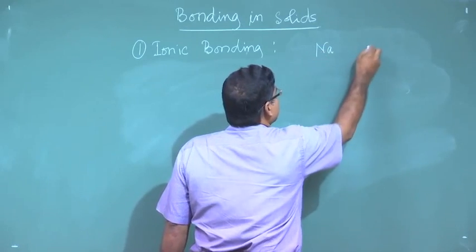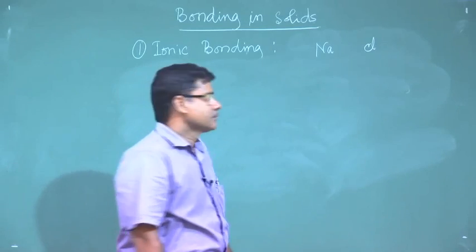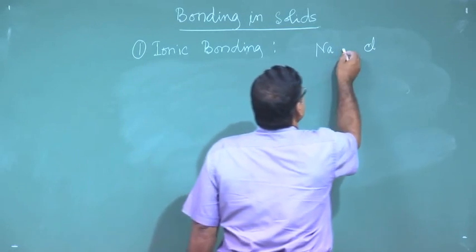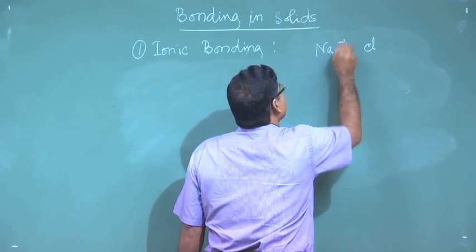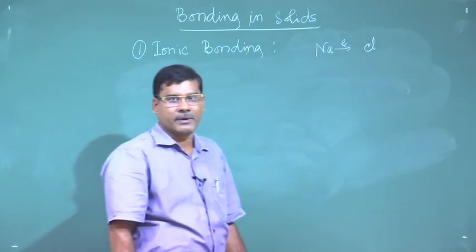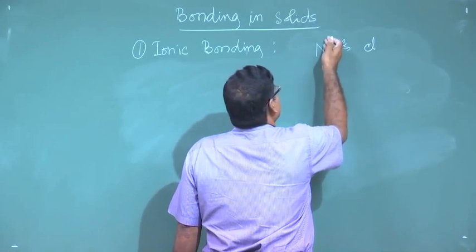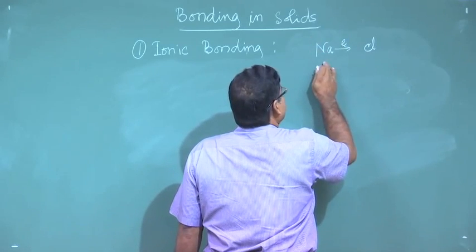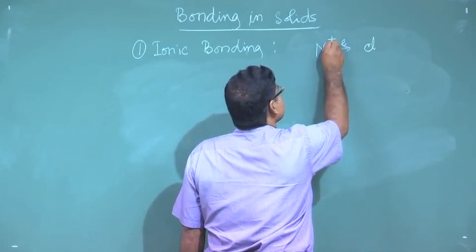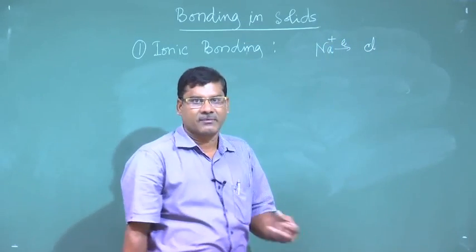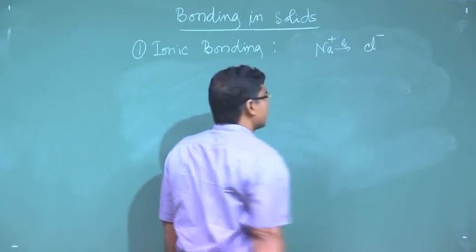If a sodium atom and a chlorine atom come closer, then sodium gives one electron to chlorine, right. Sodium loses one electron and chlorine gains one electron. So, sodium is now a positive ion and chlorine is a negative ion.